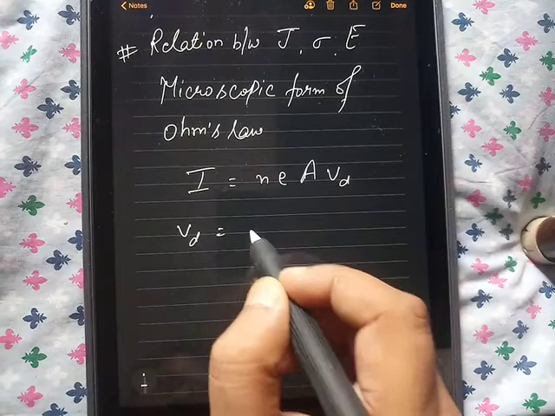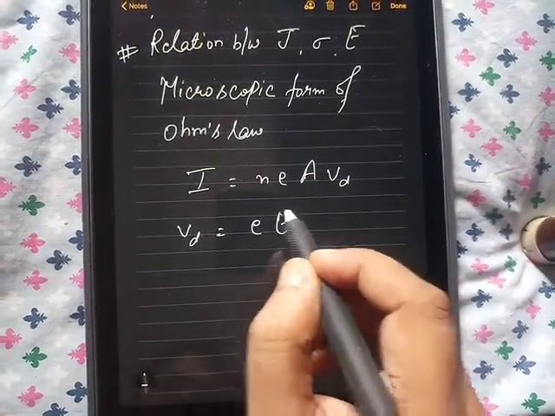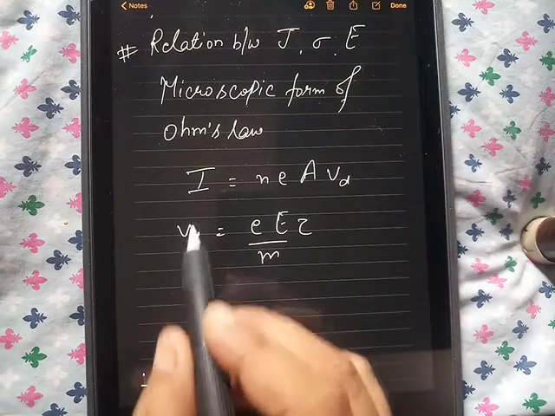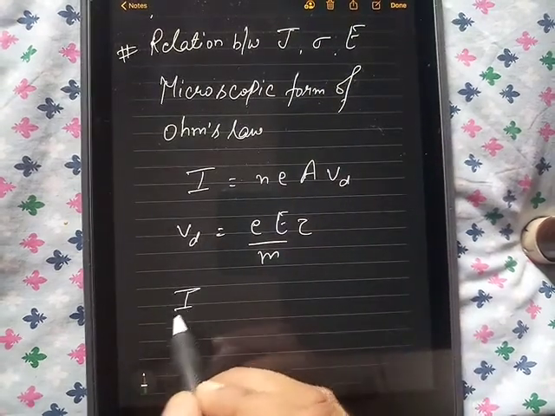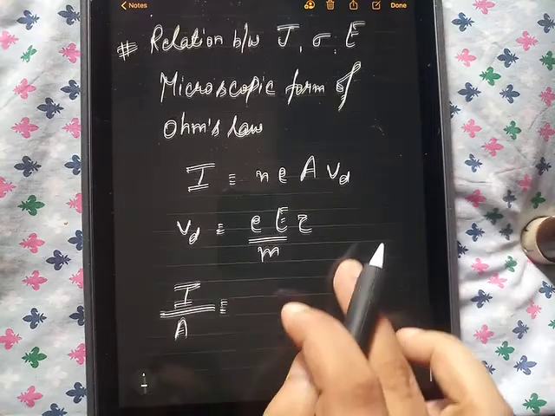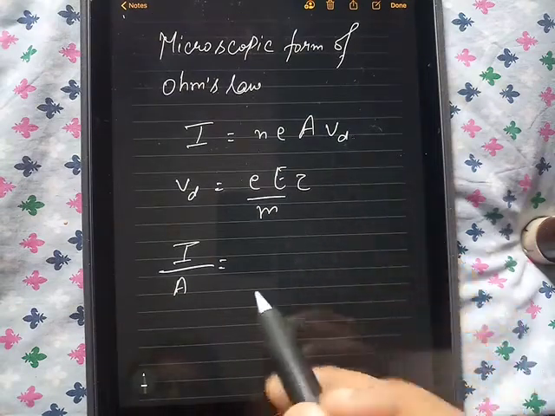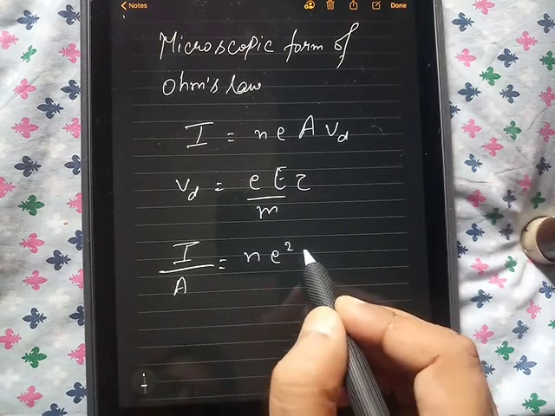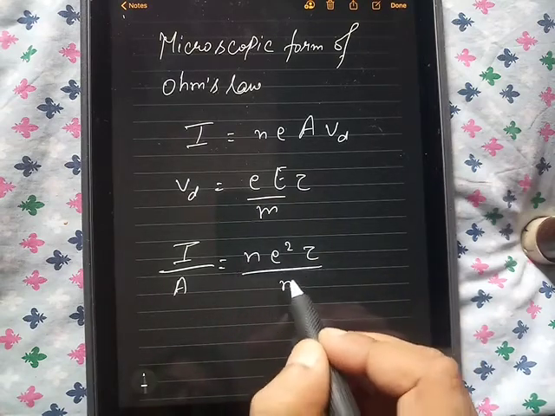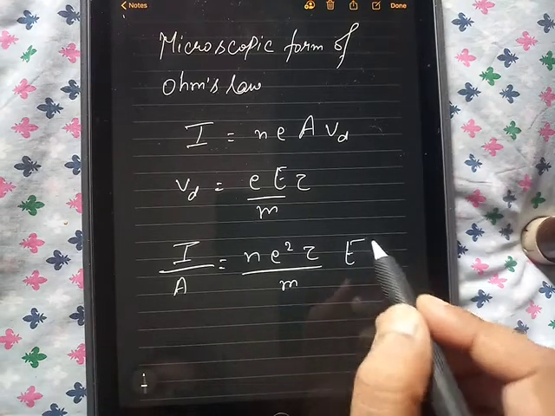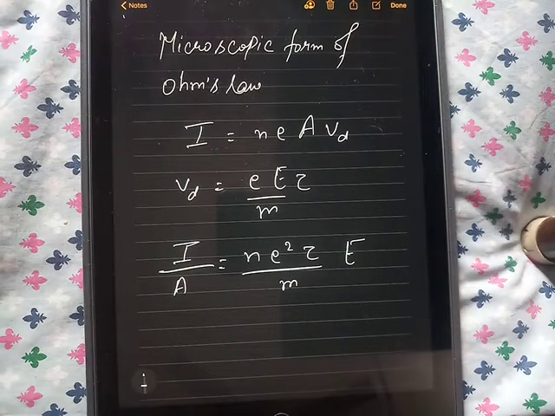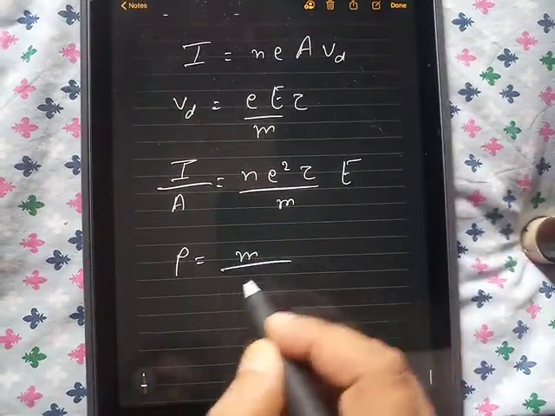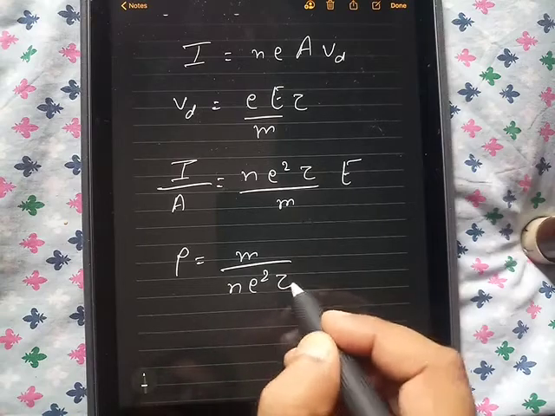Vd equals e tau by m E. We can easily write I by A equals, in place of Vd we can use n e square tau by m into E, and rho equals, formula is m by n e square tau.